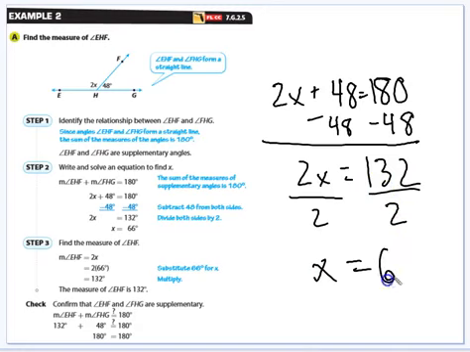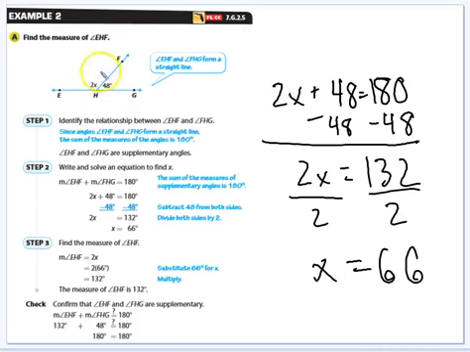They tell me is 66. So that means x equals 66. So 2 times x. So we are confirming that 2 times x is 66, 2 times 66 is 132. So EHF is 132. When we add 48 to it, we get 180.